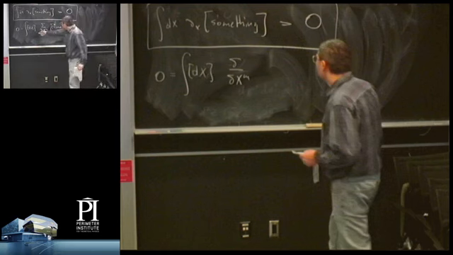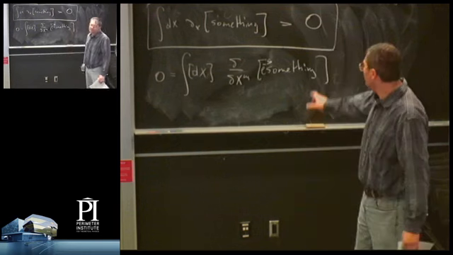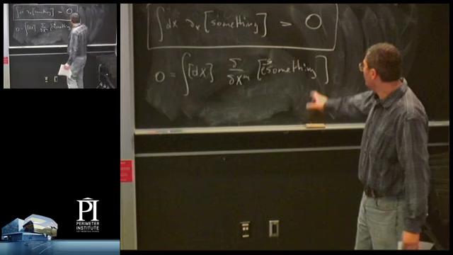The point is that this is the analog of the functional integral of the total derivative, and so it will vanish. You can be rigorous again if you think about the functional integral as infinite dimensional normal integrals. If you assume this, then you can show that this is true as well.